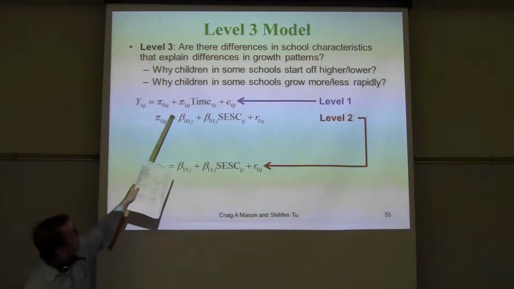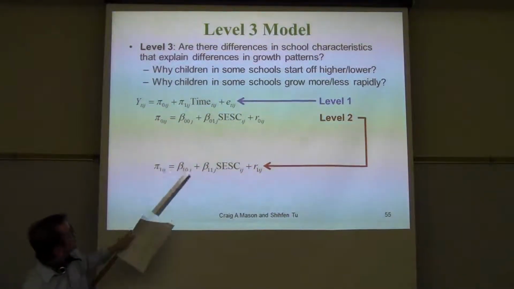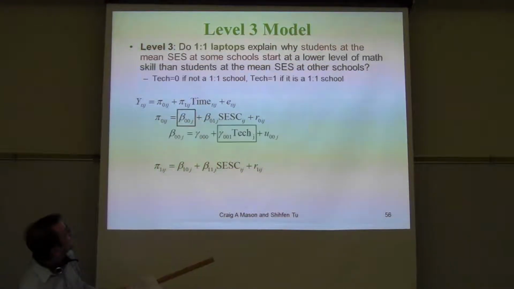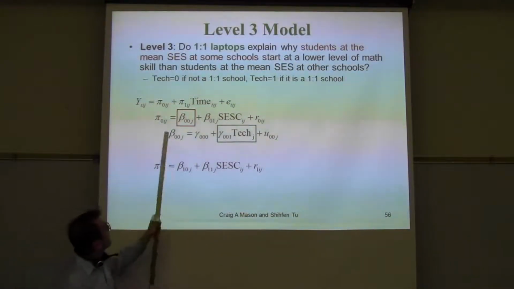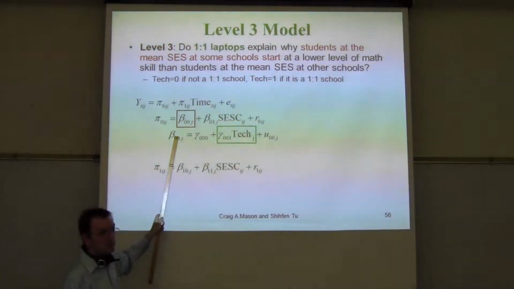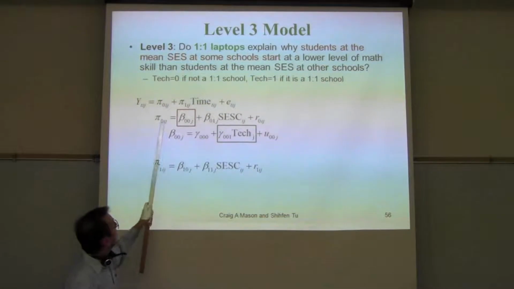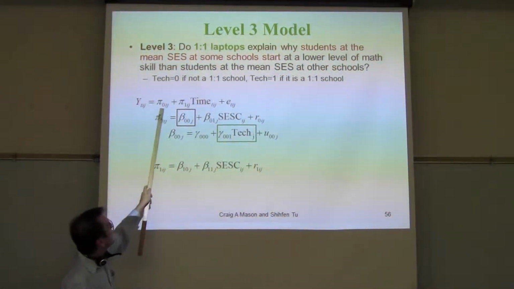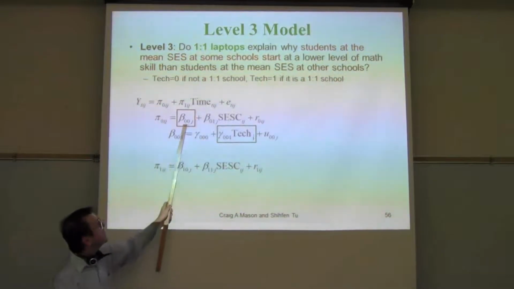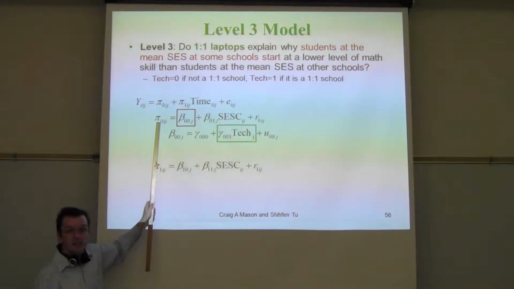So here's level 1, right? Here are our 2 level 2 equations. Level 3, now we're adding one more level. In level 1, we had pi's predicting the outcome. In level 2, we had betas predicting those pi's.